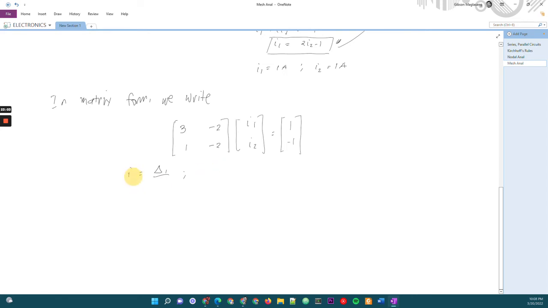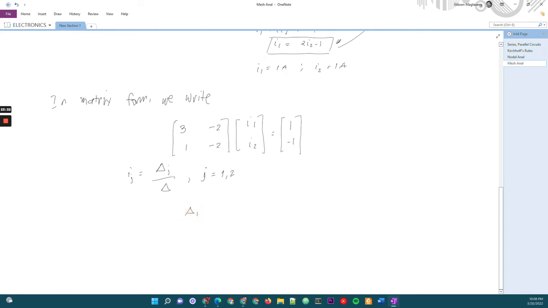In general, I sub j is delta sub j over delta. Okay, where j runs from 1 up to 2 na siya, kay duha naman siya ka subscript. Okay, if tulo na siya, so 3 pud na.